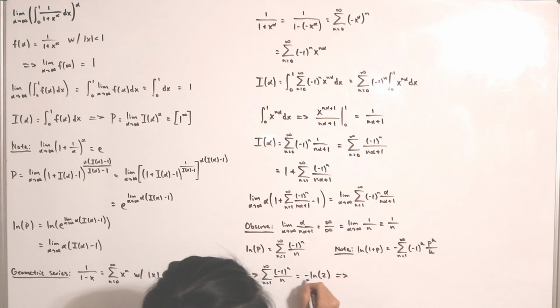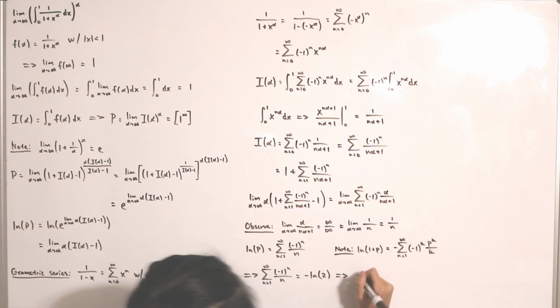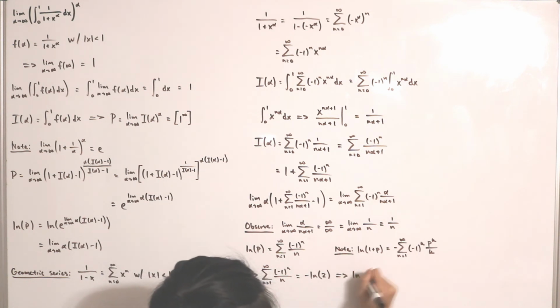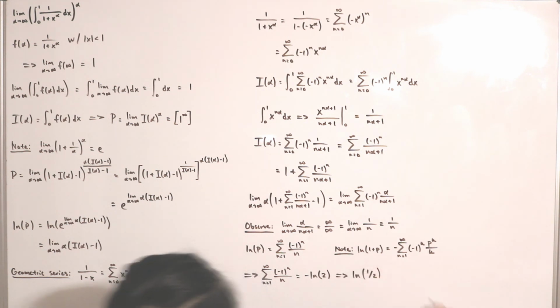You could rewrite this, moving the -1 factor back to the exponent using our natural log rules, and you get the natural log of 2 to the -1, which is the natural log of 1/2.